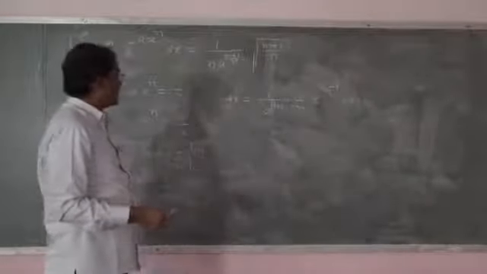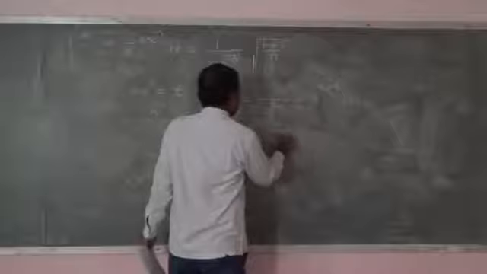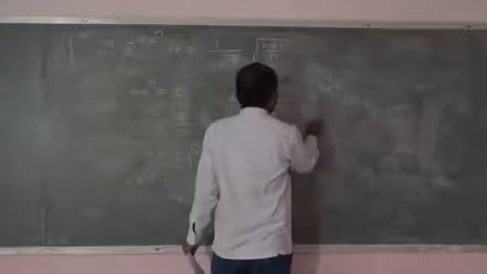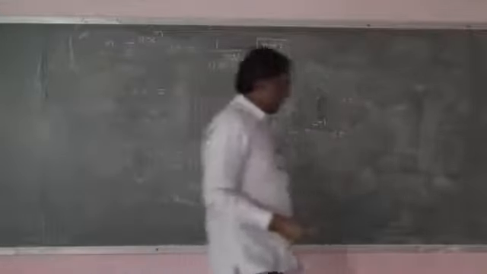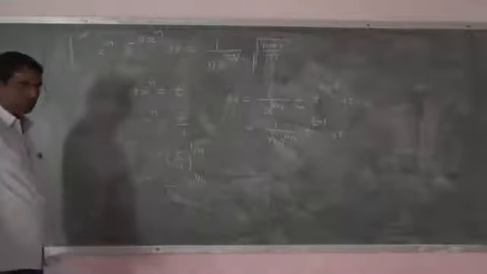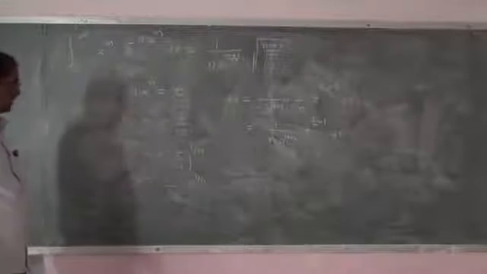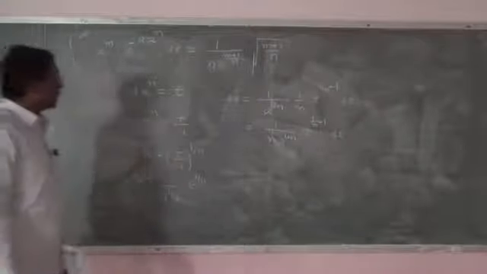So dx is 1 by n a to the power 1 by n, t to the power 1 by n minus 1, into dt. Got it?